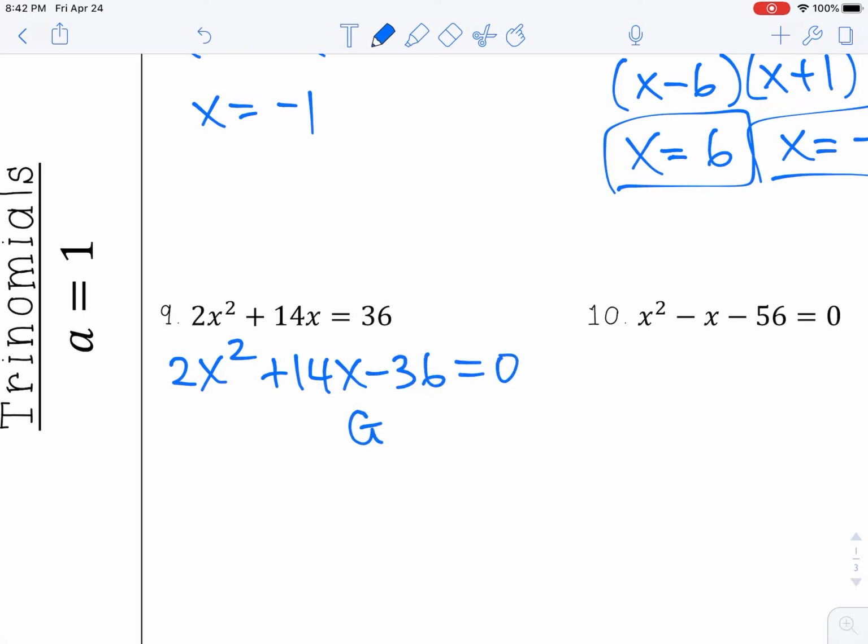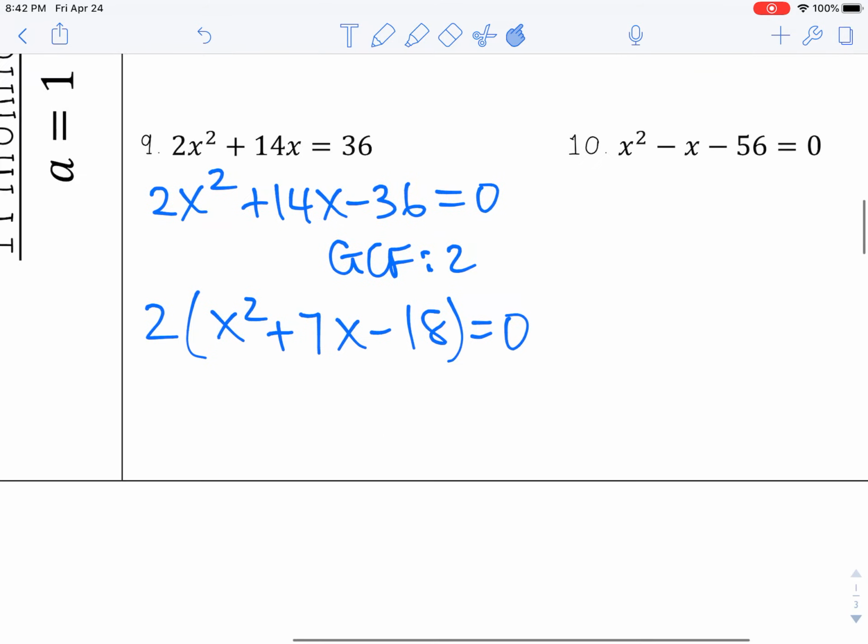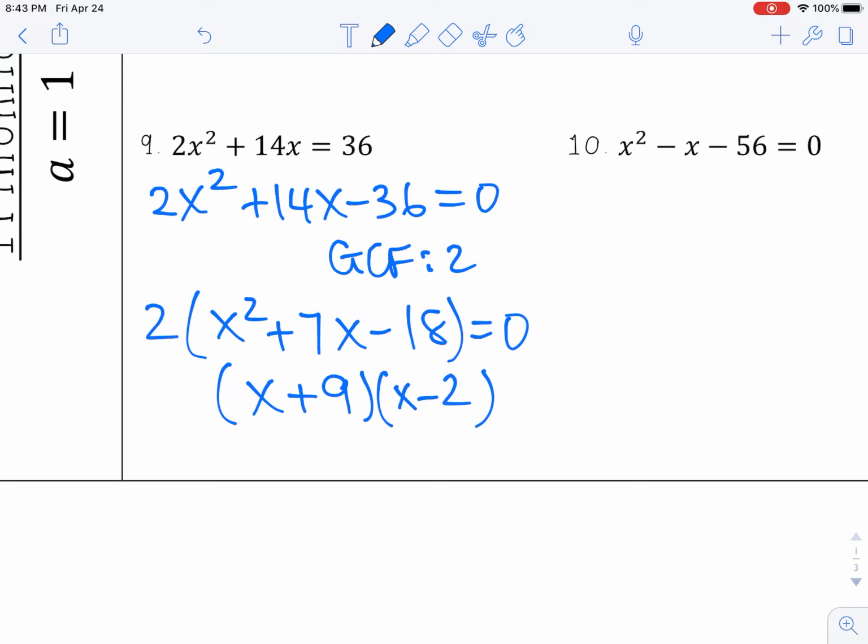Here we have a GCF so that we can have that leading coefficient being 1. Factoring this, setting each factor equal to 0.